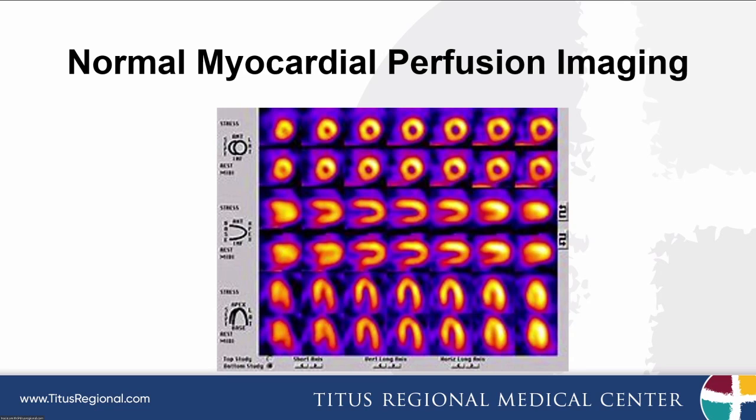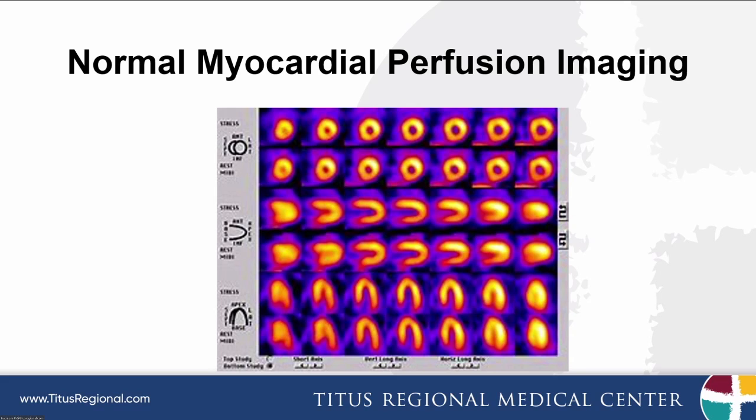And what you should see are small circles. On the left-hand side, near the tip of the heart, the circles are going to be small. And on the right-hand side, as you get higher up in the heart, toward the base of the heart, the circles are going to be larger because that's the shape of the left ventricle. And what you can see here looks like a perfect circle where you have uniform orange activity of the nuclear isotope throughout all of the myocardium.